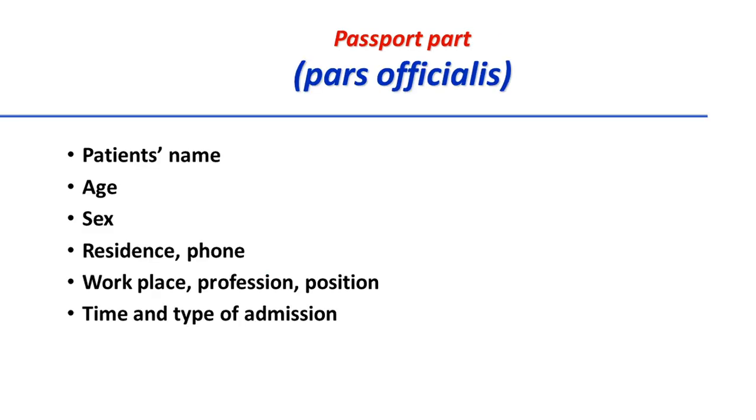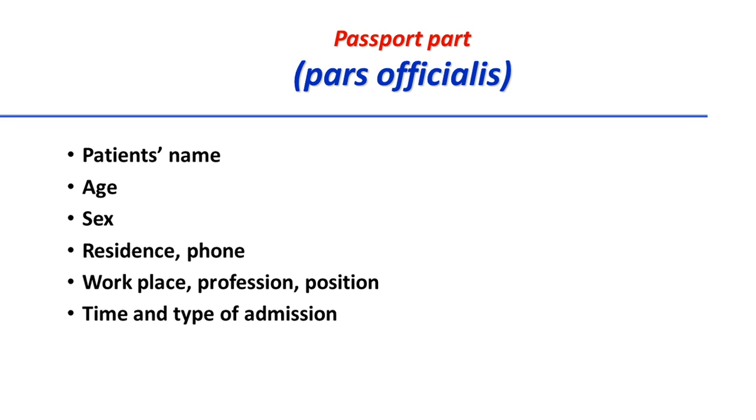Of course, before asking the patient about his passport part, you have to introduce yourself: who you are, and in which position you are working. For example, hello, I am a 3rd course student of the general medicine department.